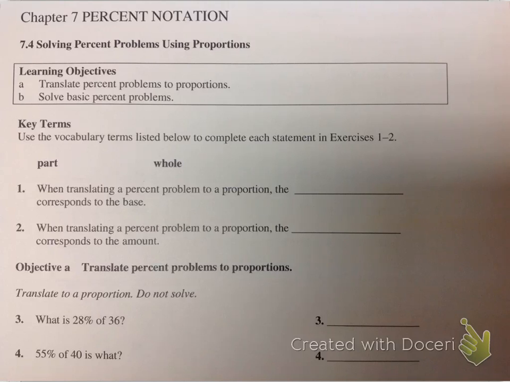When translating a percent problem to a proportion, the whole corresponds to the base, and the part corresponds to the amount. When you write a proportion, I find this easier than doing equations because the proportion is the same for all of the problems, no matter which part is missing or which part you're solving for.